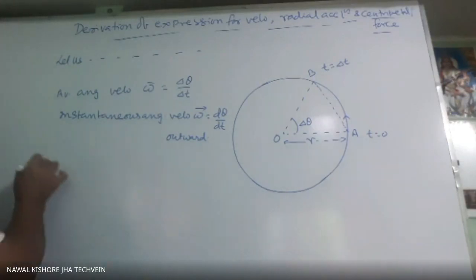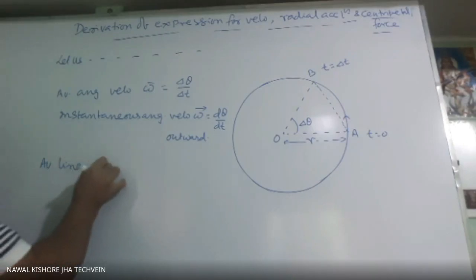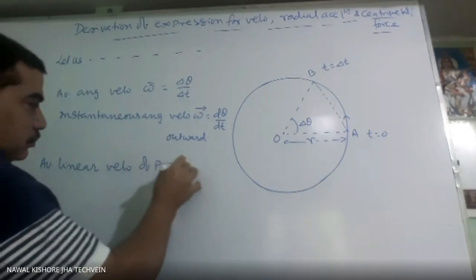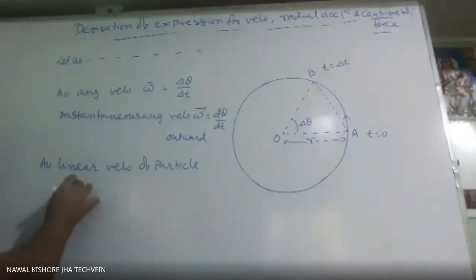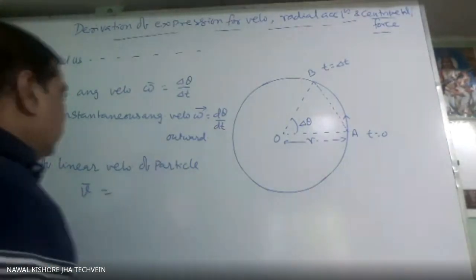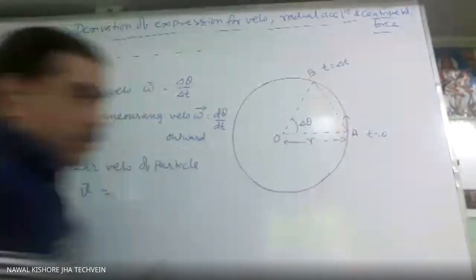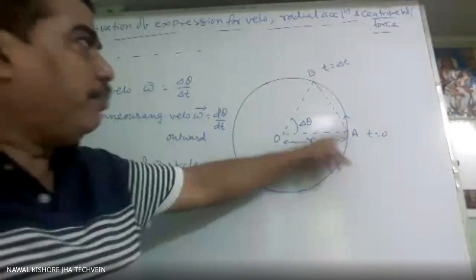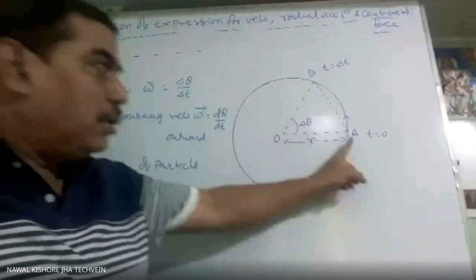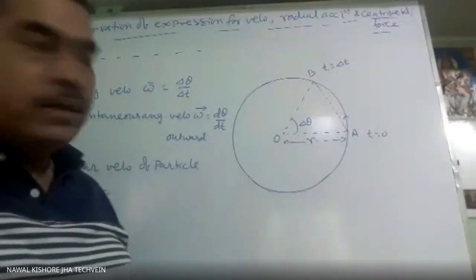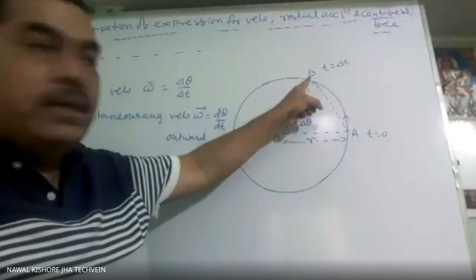If you find the average linear velocity, this v bar will be the displacement, that is vector AB, since the initial position is A and the final position is B, over delta t. Not the arc AB; if you are asked for linear speed, then we will consider arc AB.